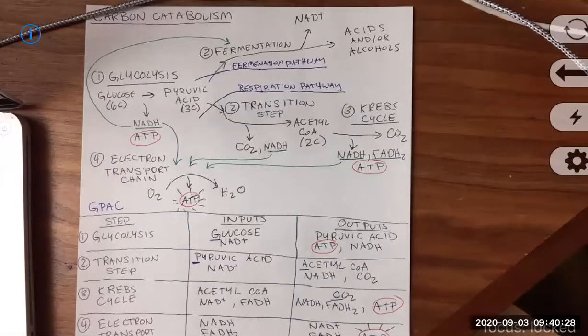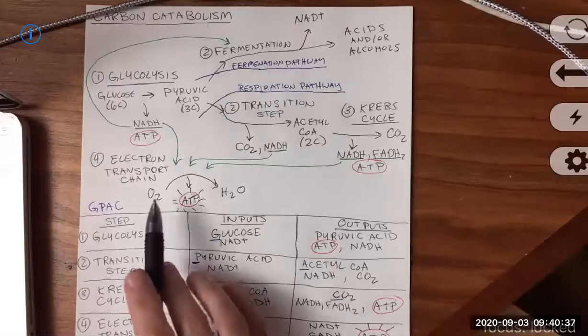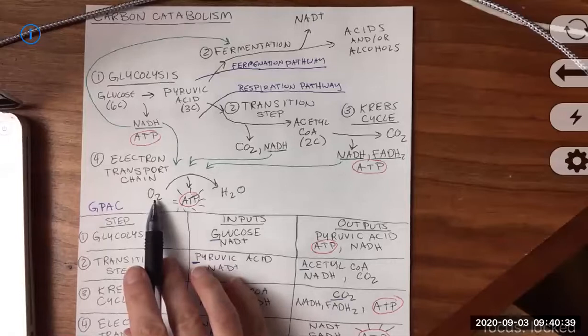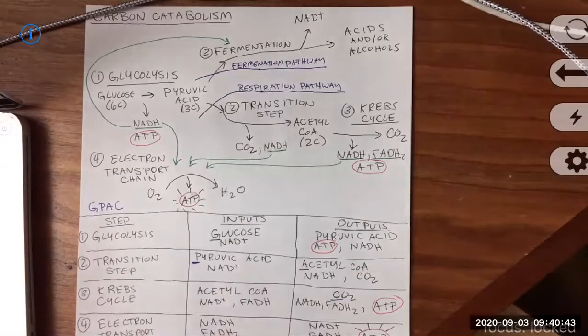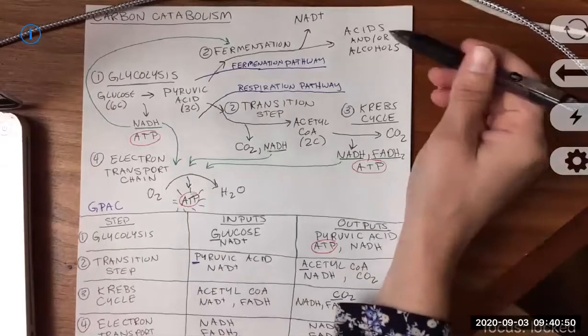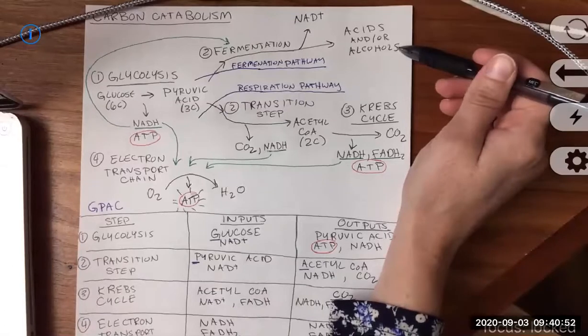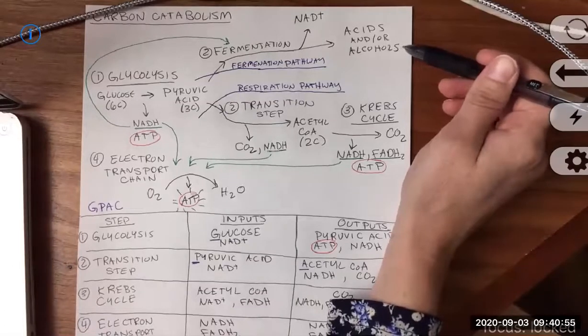However, there can be some definite advantages to fermentation. If this is an aerobic organism normally that needs oxygen, if oxygen becomes unavailable, then some organisms can switch to fermentation, which doesn't require oxygen, and this allows them to stay alive. Also, these acids and alcohols that are produced can sometimes inhibit the growth of other organisms and provide the fermenter with a competitive advantage in the environment.